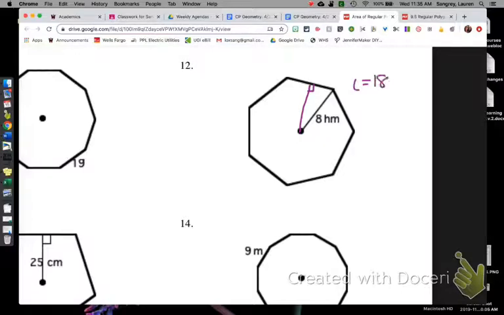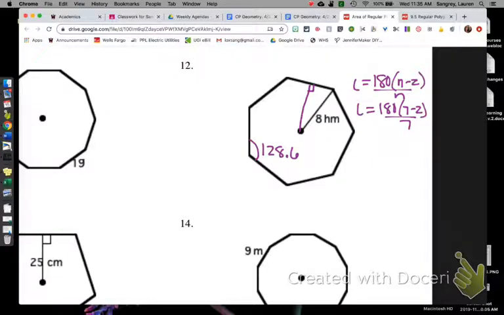Then we want to use our little i formula. And in this example, it looks like we have 7 sides. So each of these angles is going to be 128.6. It is okay to have decimals for your angles.